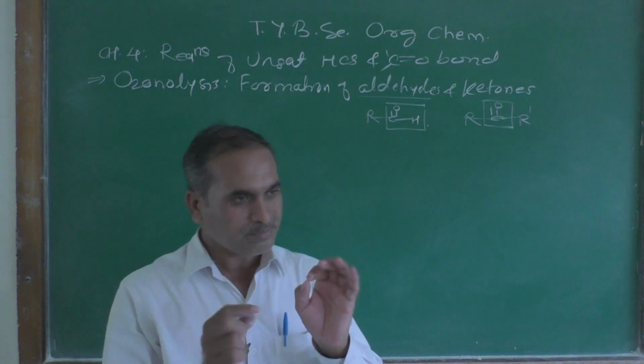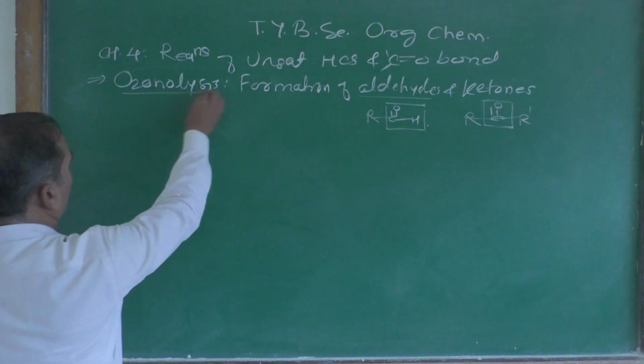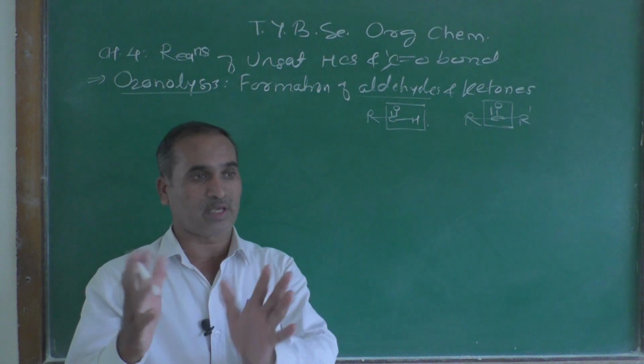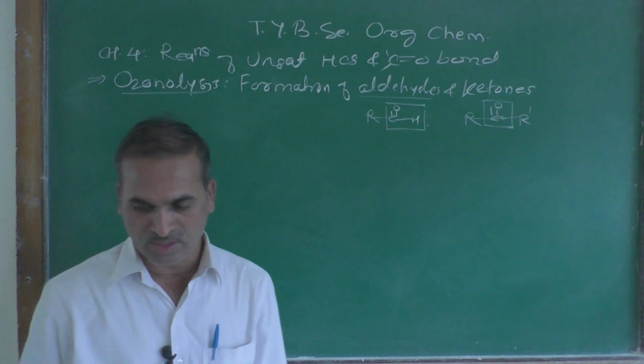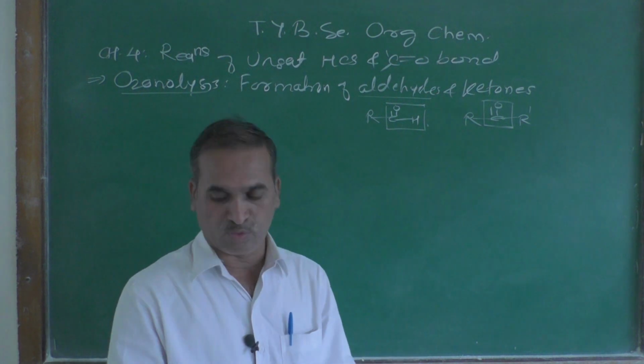But here we are talking about what is ozonolysis, a definition you should remember. The process of breaking down the carbon-carbon double bond is known as ozonolysis, and we get fragmentation of the molecule, smaller molecules.